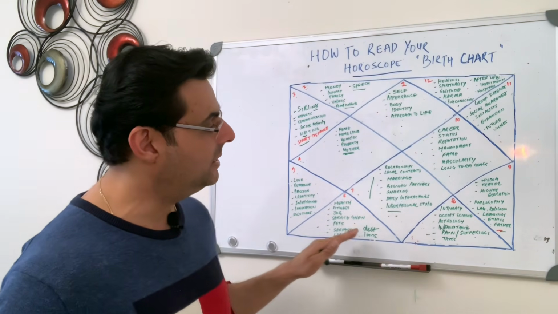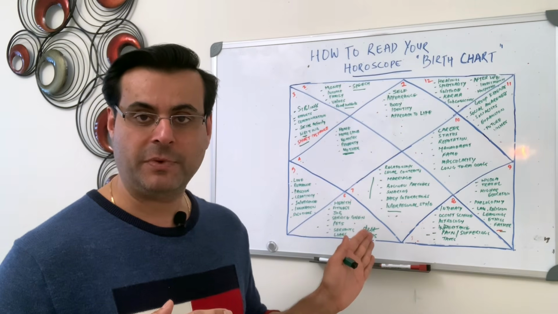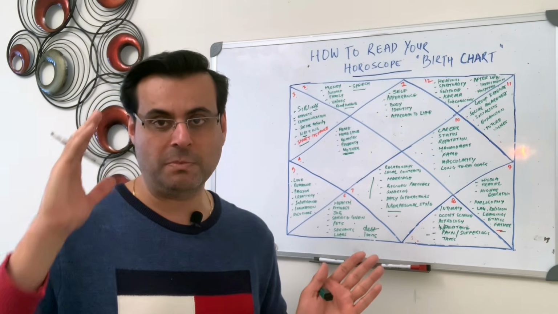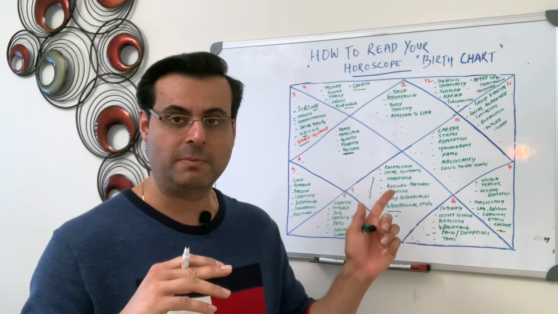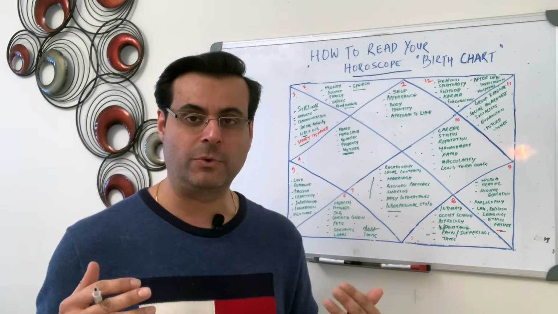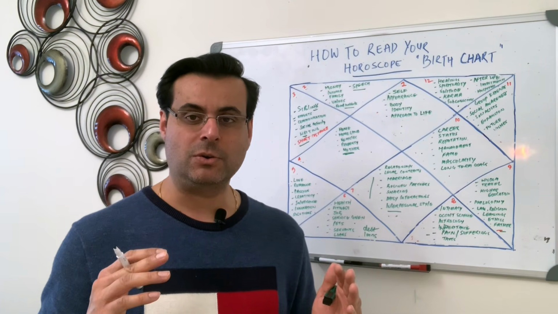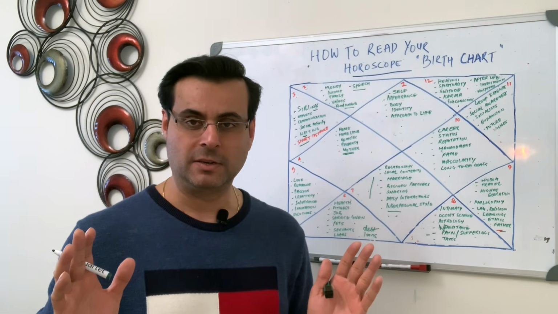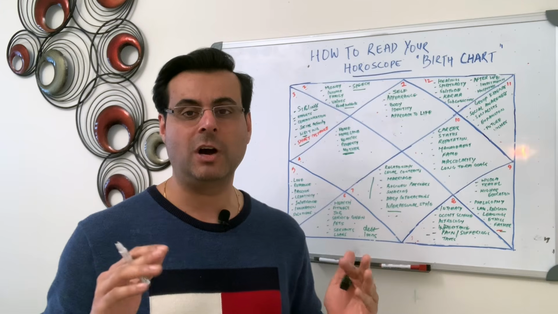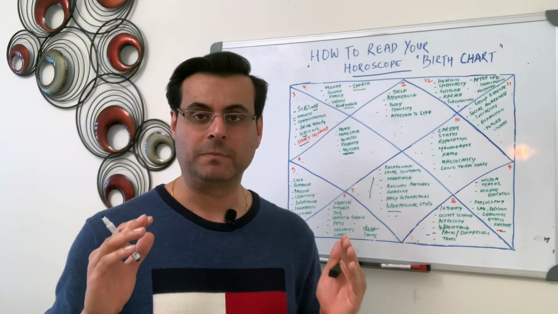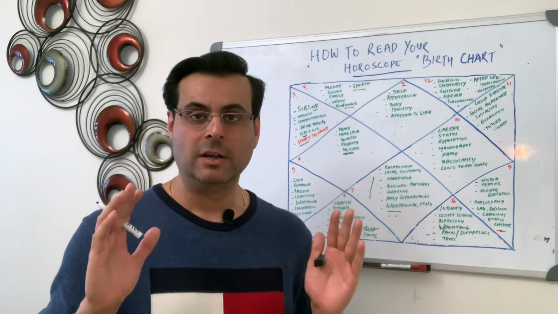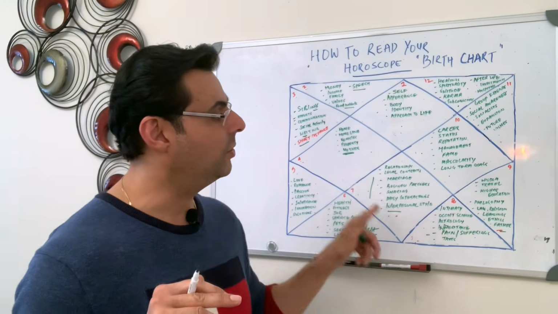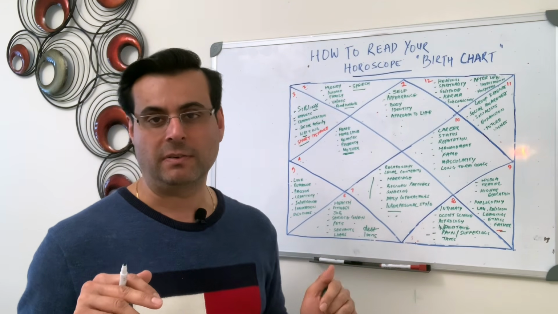So understand this, take a snapshot of it, keep it in your mind, always continue to think about it and read about it so that it reinforces your learning. Also keep this chart always in your back pocket, because it will help you read somebody meticulously or very easily once you know the significance of these 12 houses.